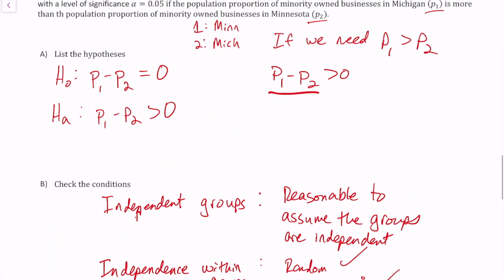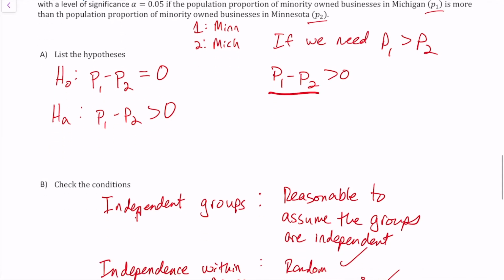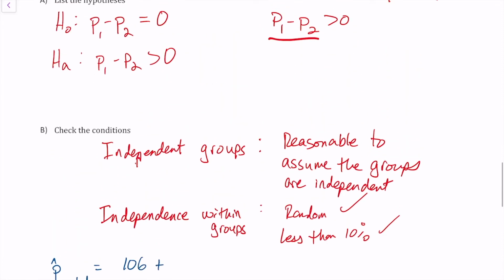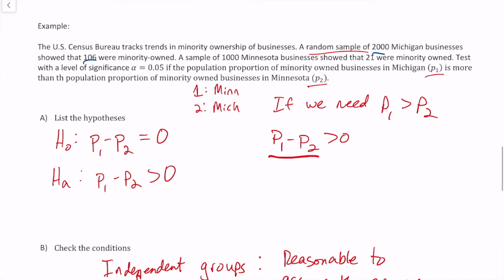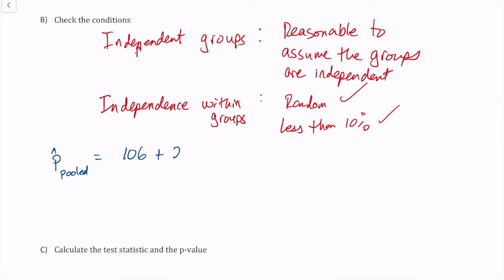Well, in sample 1, which is Michigan, they tell us that 106 were minority owned, out of a total of 2,000. So that means the successes for sample 1 is 106, plus, out of 1,000 Minnesota businesses, 21 of them were minority owned. So the number of successes in sample 2 is 21.